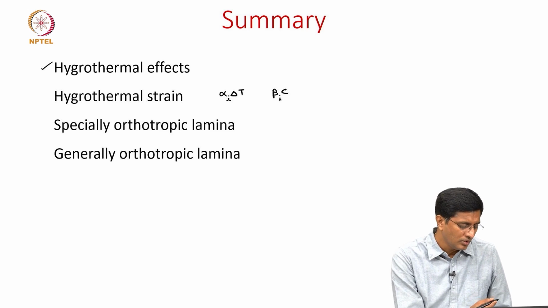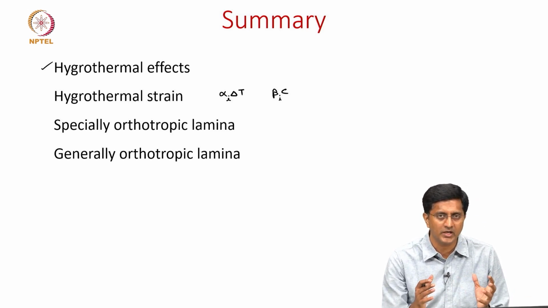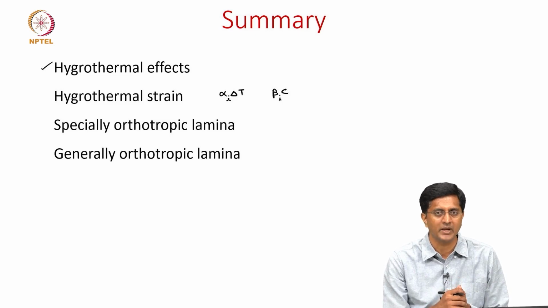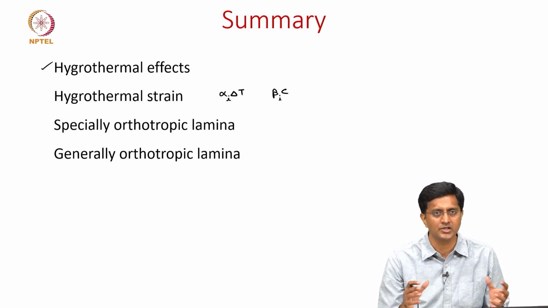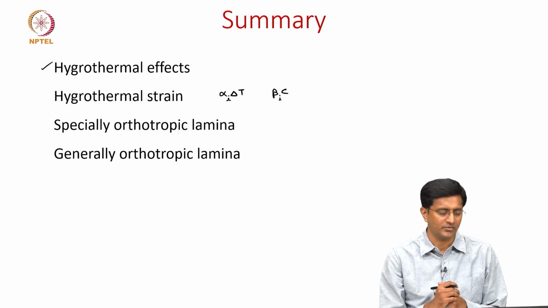Later we showed since we are dealing with linear elastic materials, we can add up the strains. So the total strain is the mechanical strain plus the strain from thermal effects plus strain from moisture effects. And once we replace the mechanical strain with the compliance times the stresses, we get the stress strain relations, which include the hygrothermal effects.